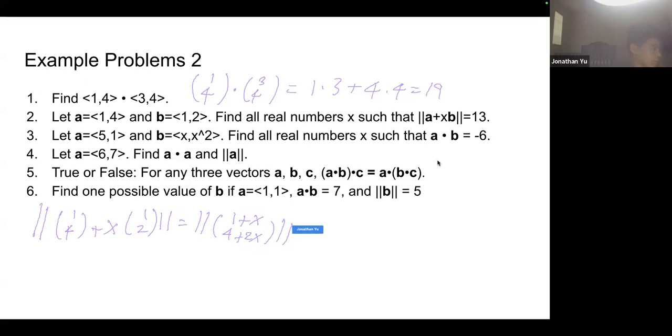So we need this to equal 13, or by the distance formula, (1 plus x) squared plus (4 plus 2x) squared is equal to 13 squared. If you solve it, you'll find that one solution is 4, and the other solution is 17/20, I think. I don't really remember.